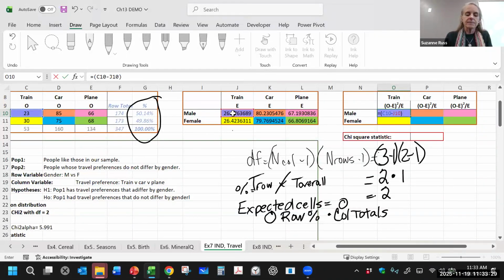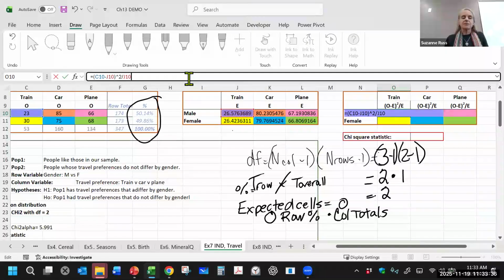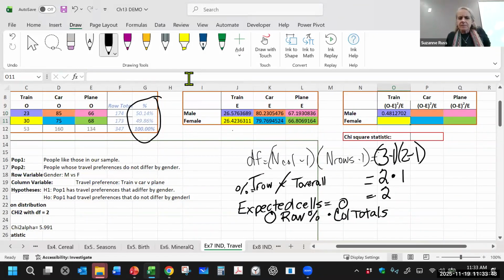Let's square it. And divide by E. So this is the formula that I have for mine. I put parentheses and took O minus E squared, and then I divided by E. And I got this 0.48. Maybe that's something you got too?